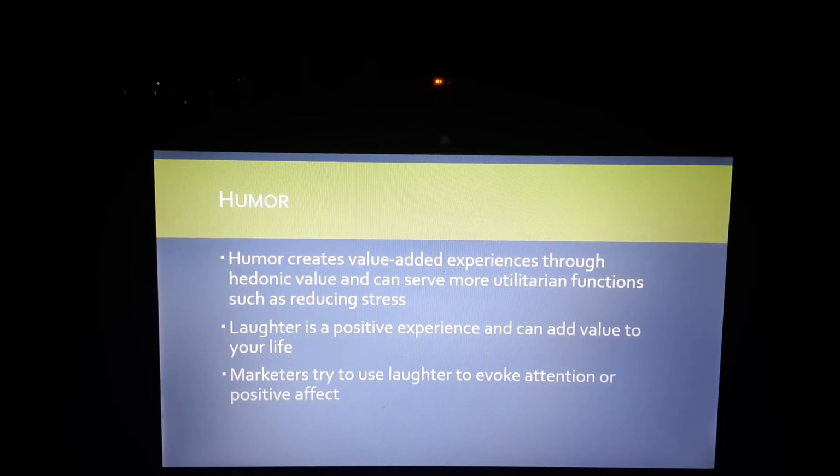You want a product to make you laugh, and laughter adds happiness, adds value to your life, and it's a positive experience. When we say humor, we mean taking things in stride. Marketers often use laughter to evoke some sort of positive response, a funny ad or that kind of thing. But humor is important because people want to keep it light.